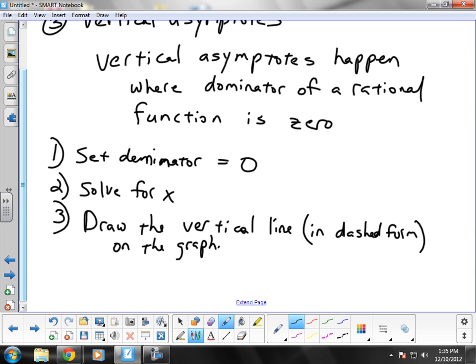Okay? So in other words, when I draw in my vertical asymptotes, don't draw a solid line on your graph, okay? Put a dashed line. That reminds you that you're going to get real close to that, but you can't cross it and you can't touch it.